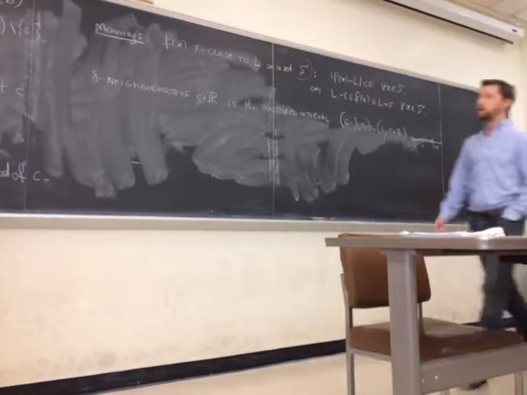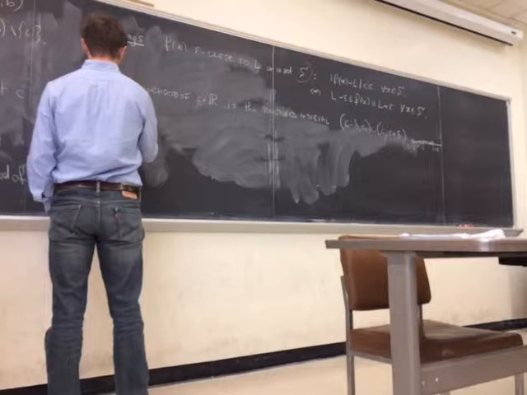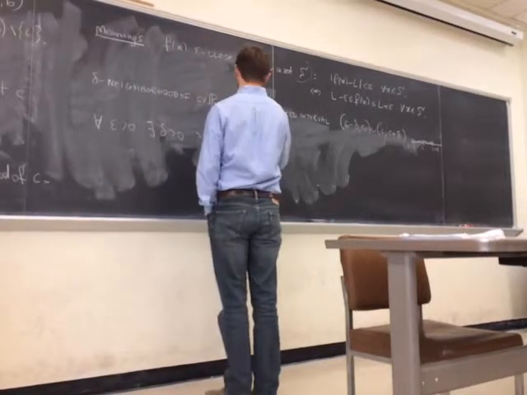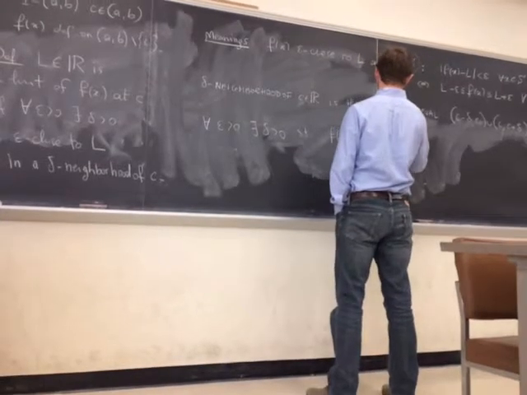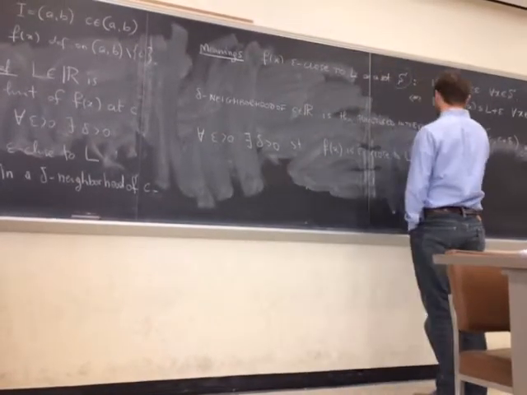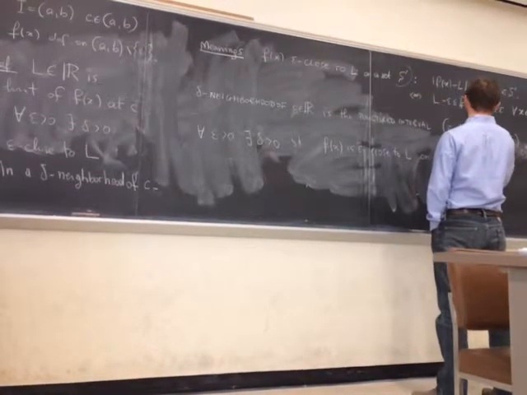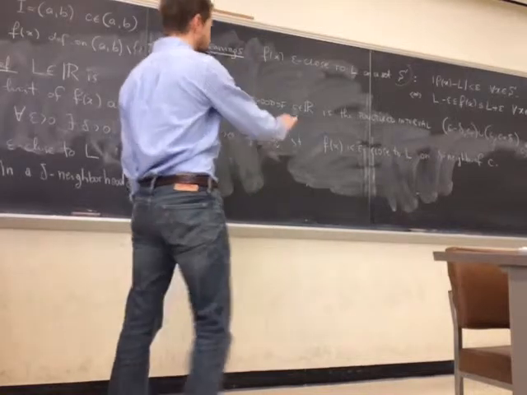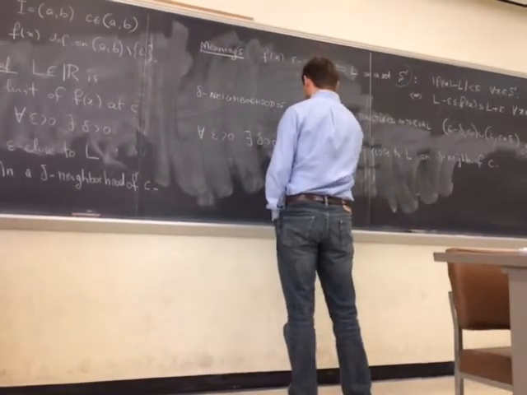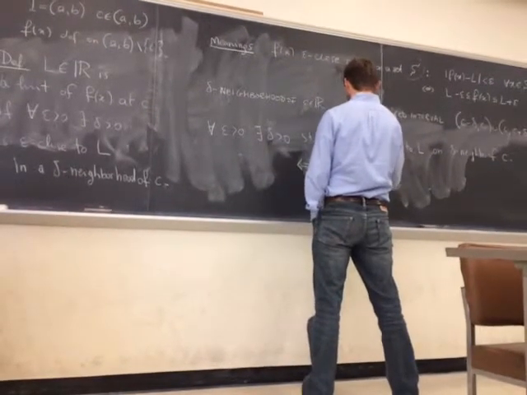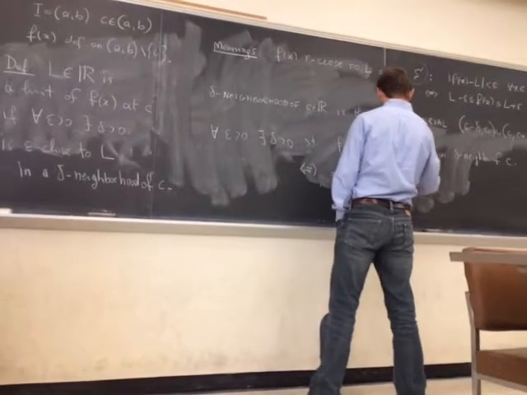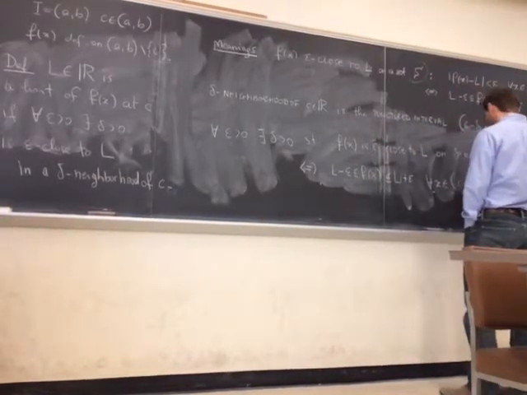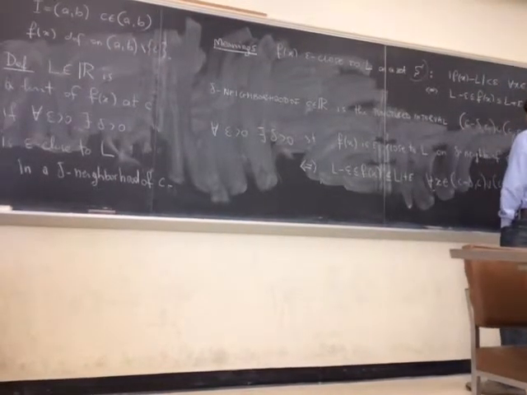So what I am asking is that for every positive value epsilon, there exists some threshold delta such that f of x is epsilon close to the limit value L on the delta neighborhood of c, which in formulas is just such that, so you are requiring that L minus epsilon is less than f of x less than L plus epsilon for every point x lying in (c minus delta, c) union (c, c plus delta).